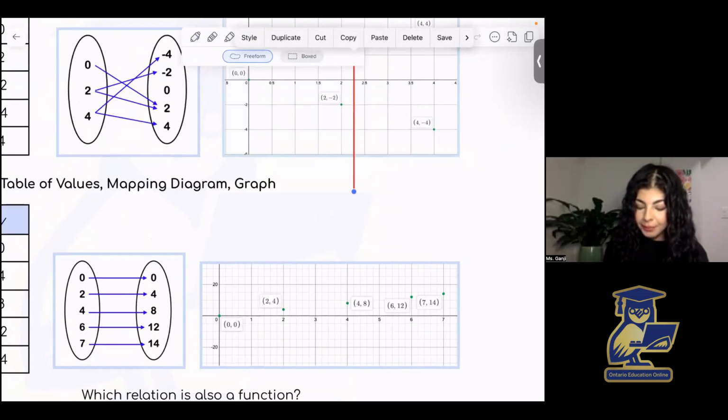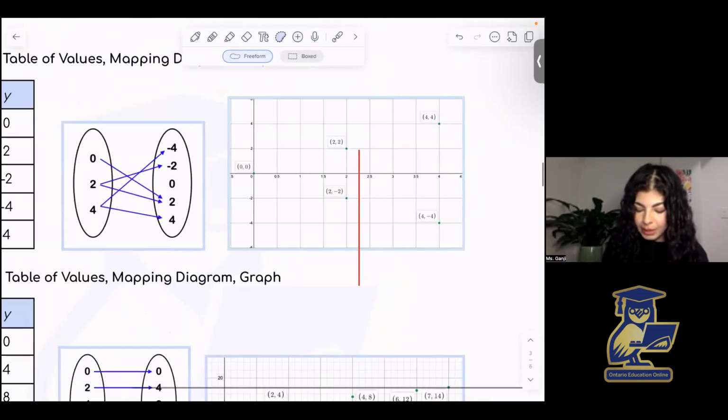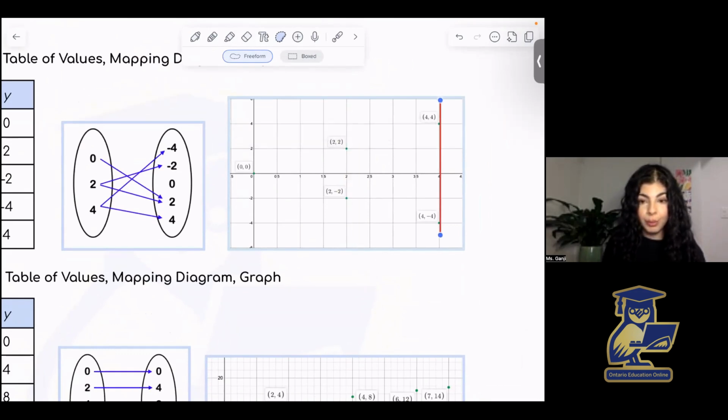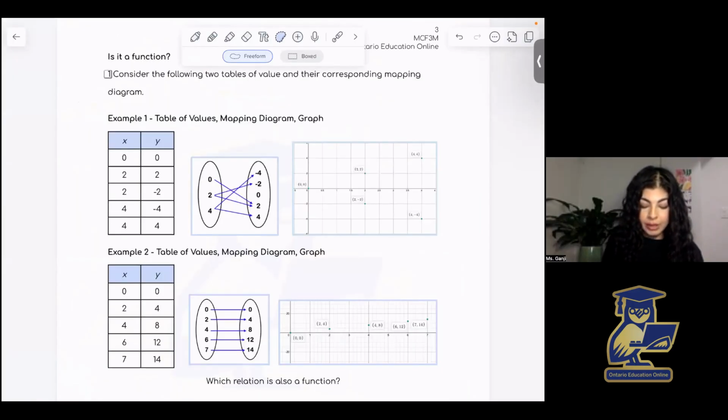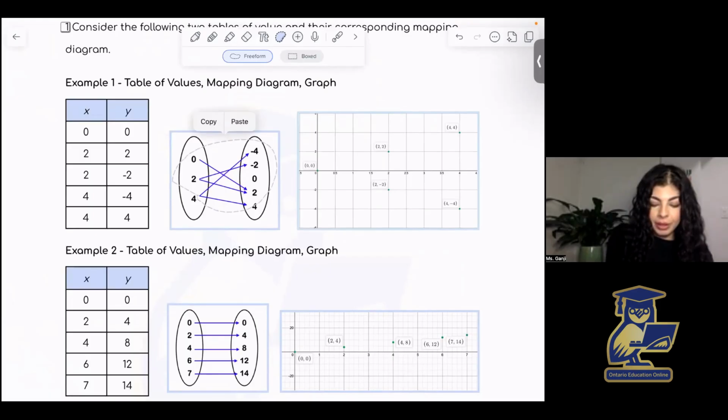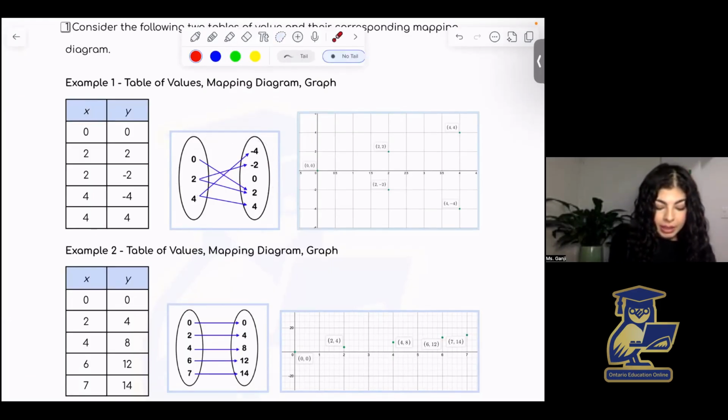That being said, looking at here, we see that over here there are 2 points, and same with here, there are 2 points for our vertical line test. So this one is not a function. And you would have been able to see that from the mapping diagram as well as the table of values, specifically because 2 has 2 output values. And here 2 also has 2 output values.